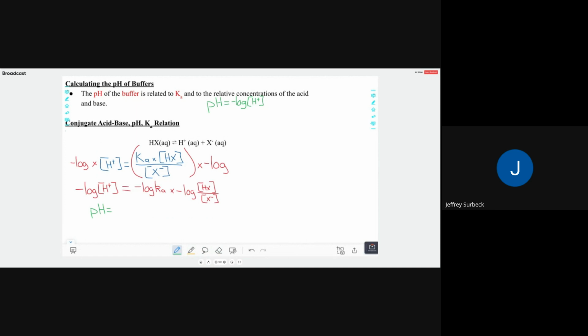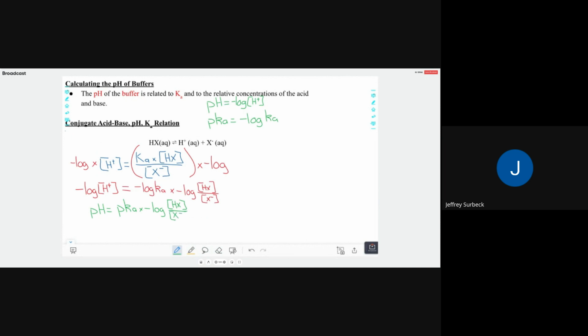Does anybody remember what negative log of Ka is? We talked about it very briefly. The negative log of the Ka is equal to this value we called pKa. So instead of using negative log of Ka, we're going to use our pKa times the negative log of our acid over our base.